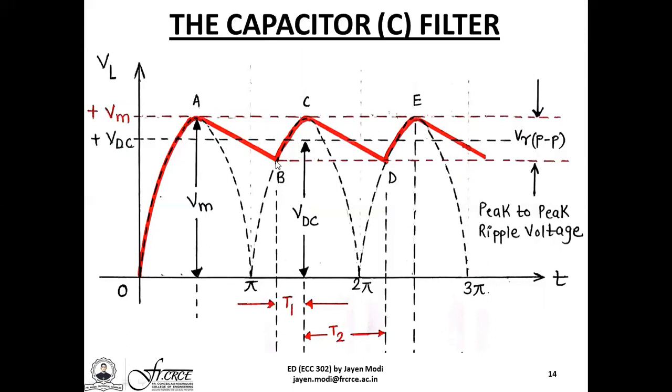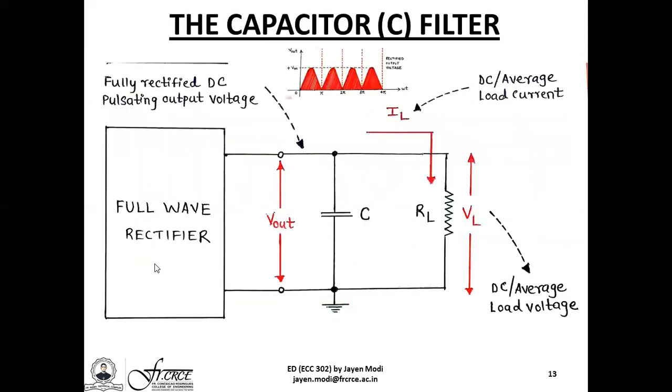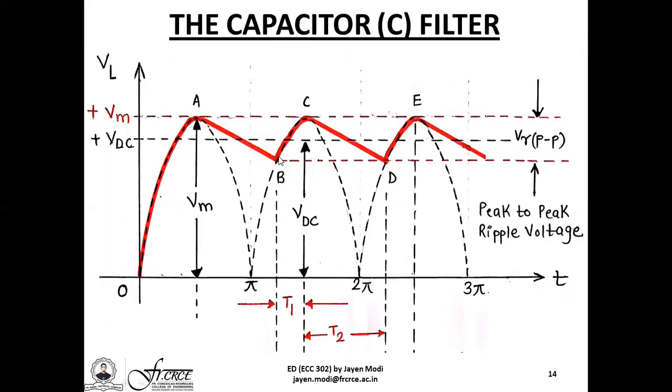Before the capacitor can discharge still further and go down to 0, the second rectified half cycle for Vout appears, and this will again charge the capacitor back to the peak voltage Vm.